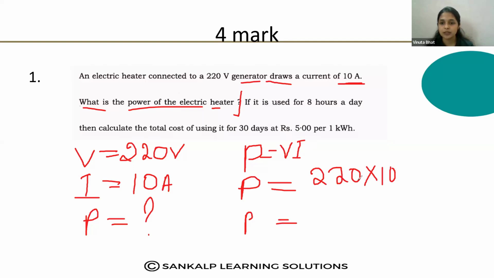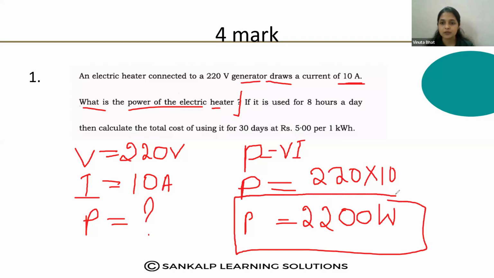That is 2200, sorry, not ampere, watt. So the power of the electric heater is 2200 watt.